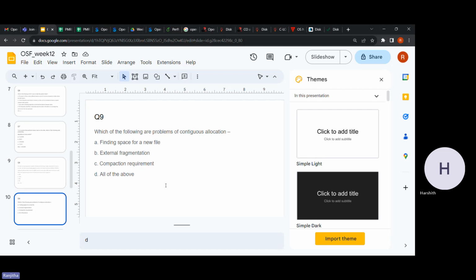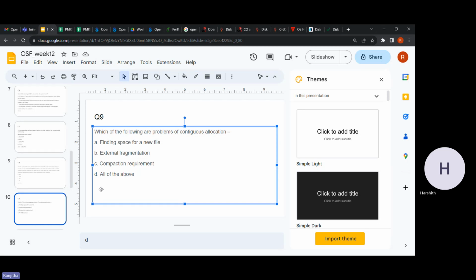With external fragmentation, small holes will be scattered across, and these holes will be unusable. But if we bring them all together using compaction, we will be able to use them. So it leads to compaction requirement. So the answer here is all of the above.